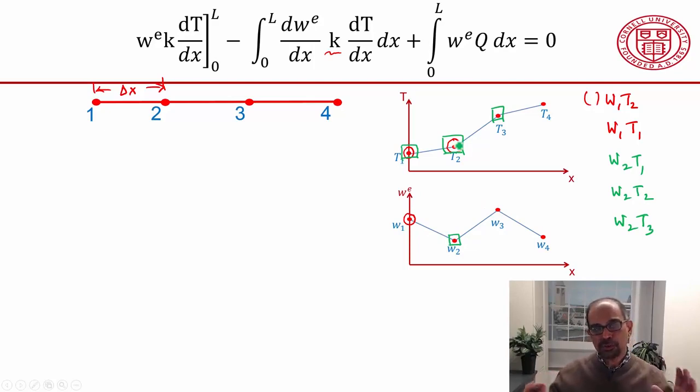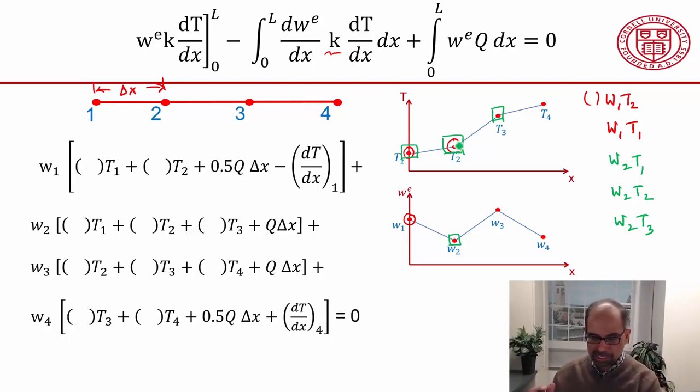And then you get all these terms and you put them all together and you organize them in a particular way. And I've done that here. And I'll unpack this. Okay, so this is a lot of terms. So let's look at the first row here. What I've shown you is if you take all the terms that are multiplying W1 and you organize them like this, this is what you'll get.